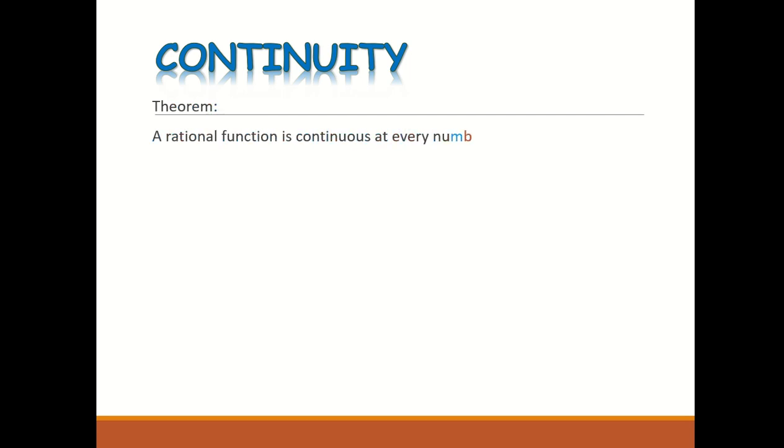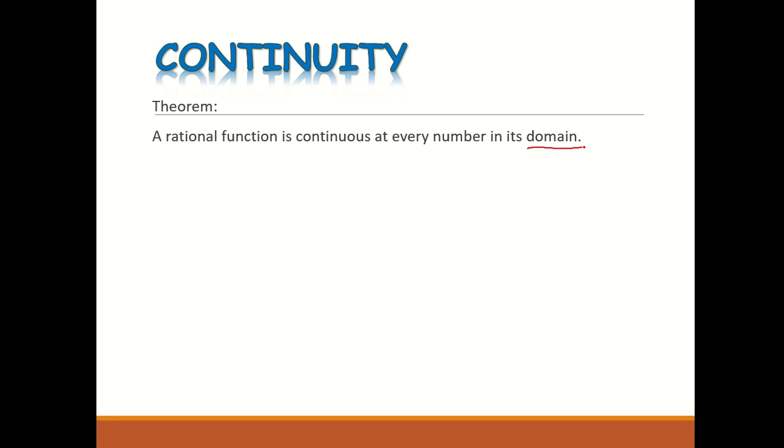Another theorem: a rational function is continuous at every number in its domain. So what is domain, class? You know how to find the domain, right? And it says that a rational function is continuous at every number in its domain.